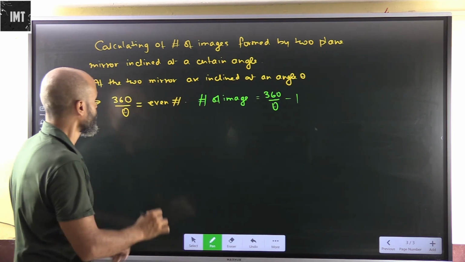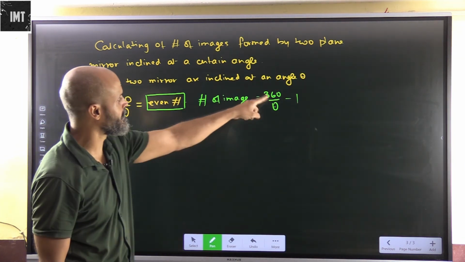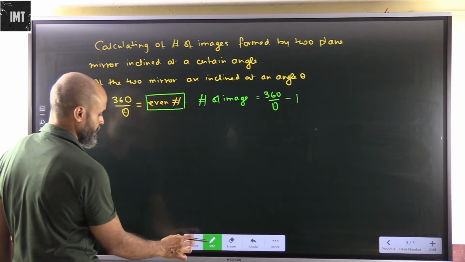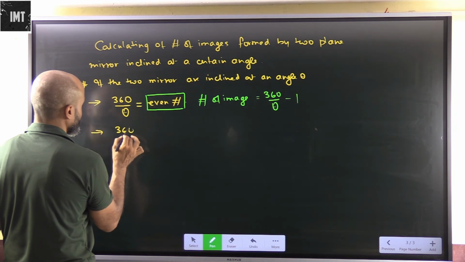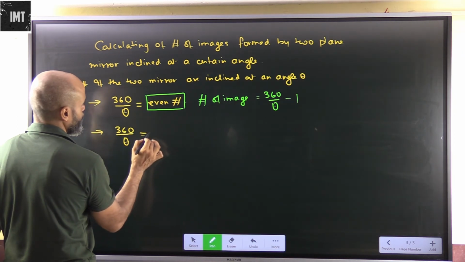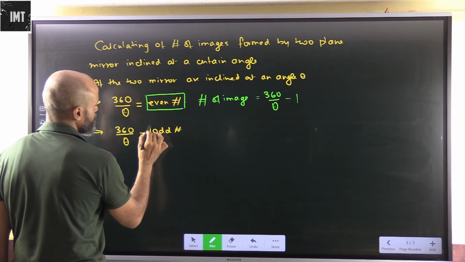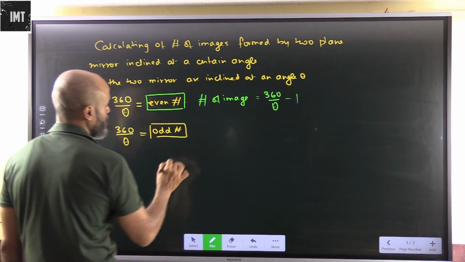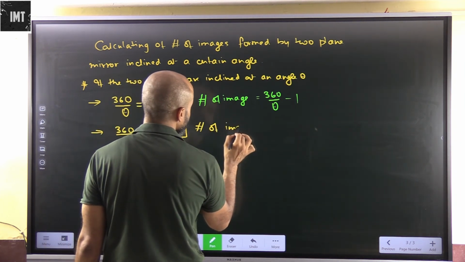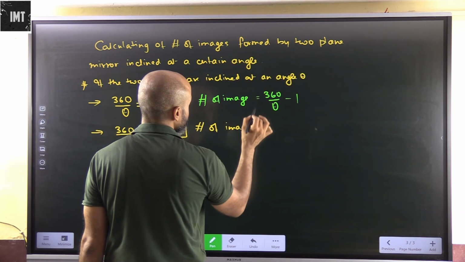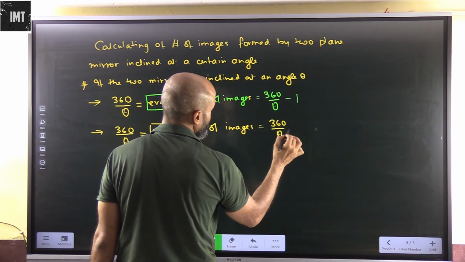Again, if 360 by theta is equal to an odd number, then the number of images will be equal to 360 by theta minus 1.